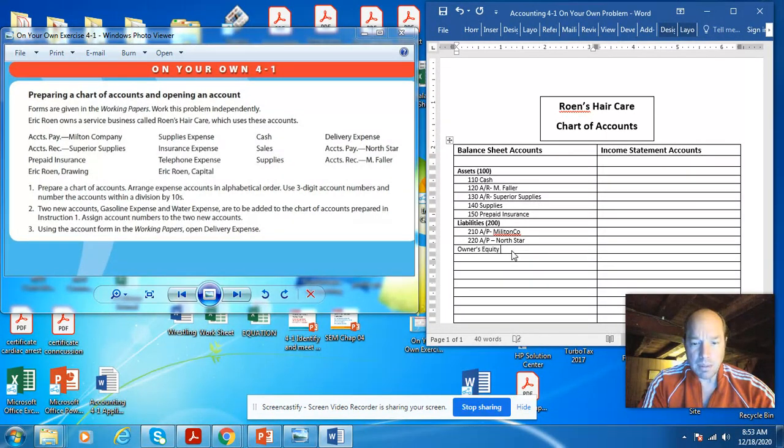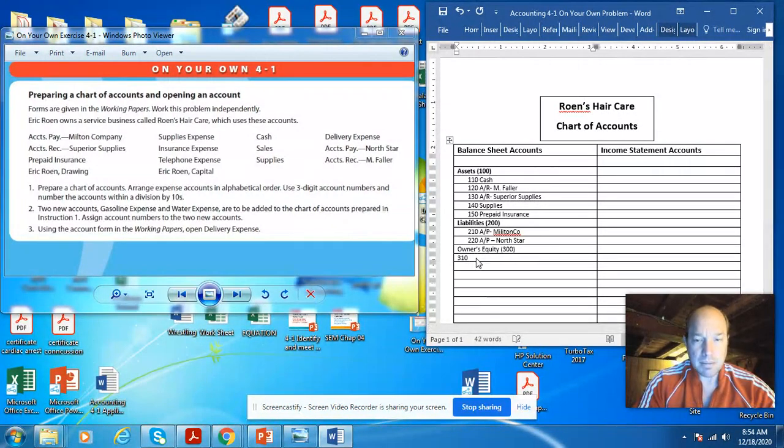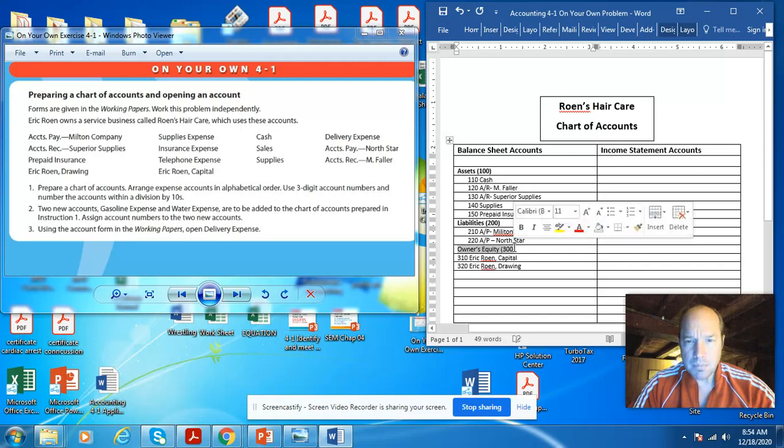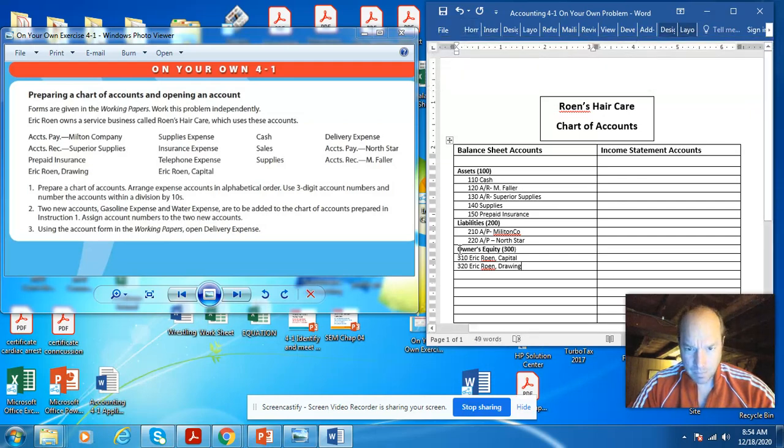And what are the two owner's equity accounts that we have at Roen Hair Care, where we have Eric Roen Drawing and Eric Roen Capital? So I'm going to put 310 Eric Roen.